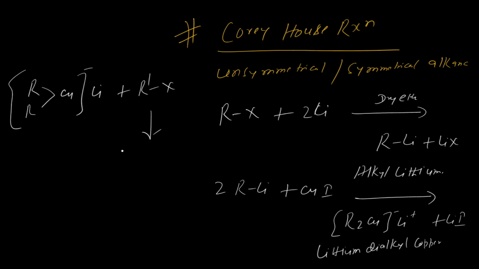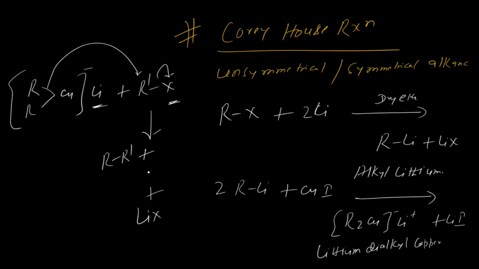In this case lithium halide is out, and this R will get combined with R dash. R dash is a different alkyl group, giving an unsymmetrical alkane. R dash may also be a similar alkyl group, so it also represents symmetrical alkanes.